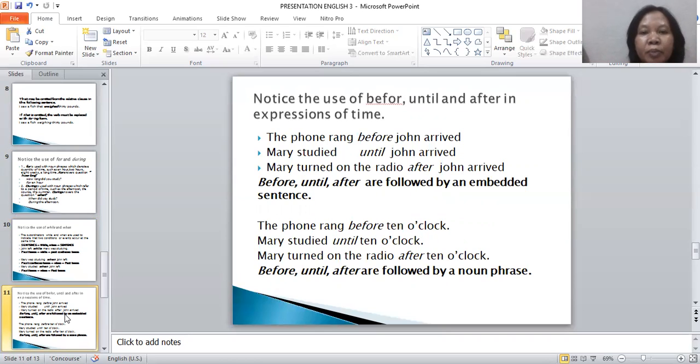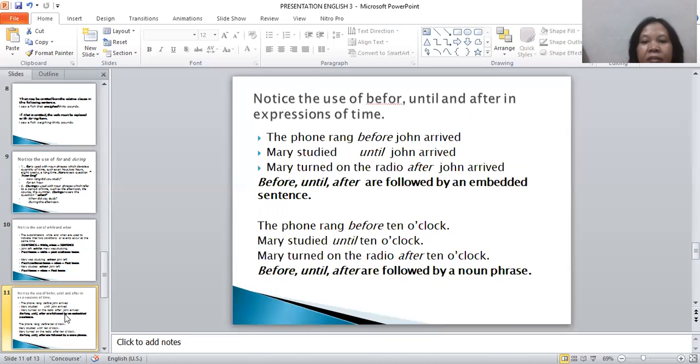And then I would like to explain how we use before, until, and after in the expression of time. For example, the phone rang before John arrived. Mary studied until John arrived. Mary turned on the radio after John arrived. Before, until, and after are followed by an embedded statement, an embedded sentence.